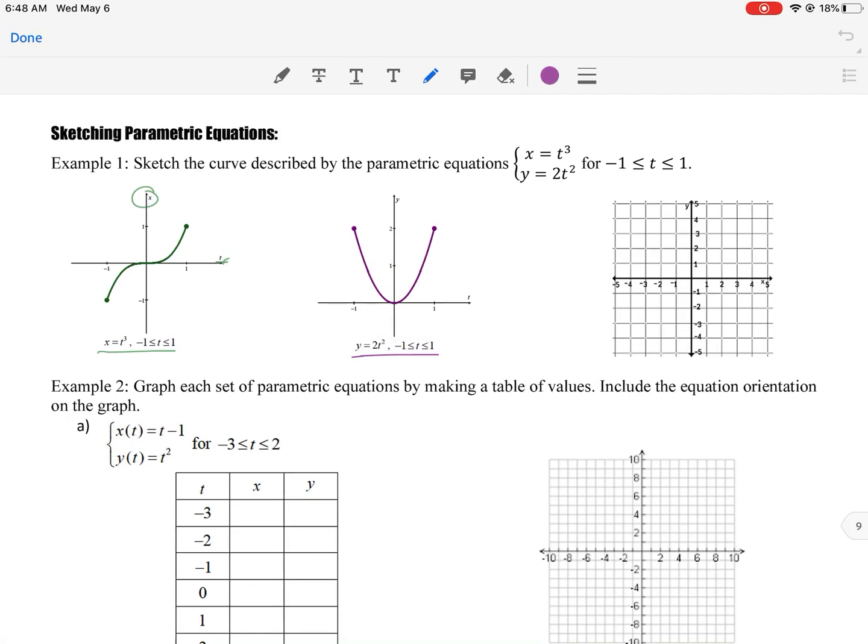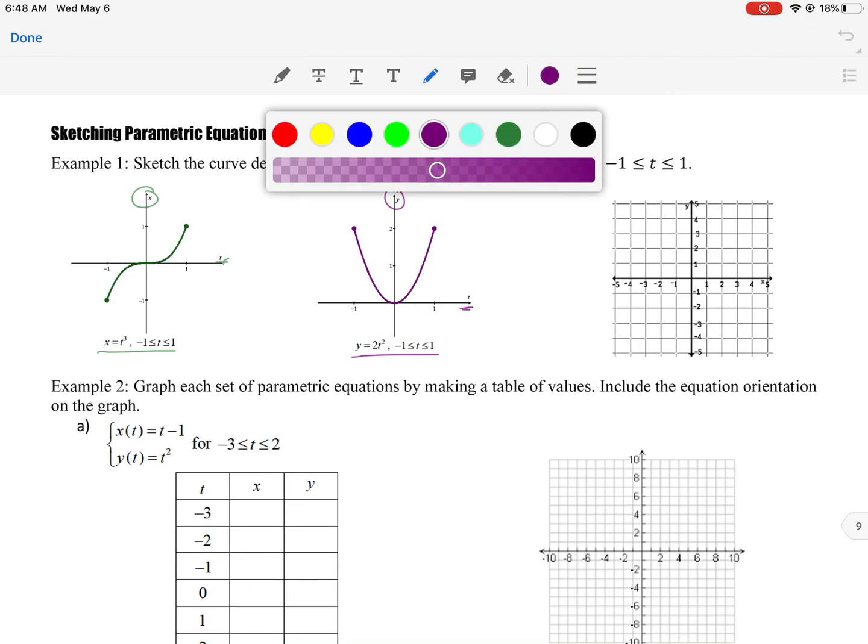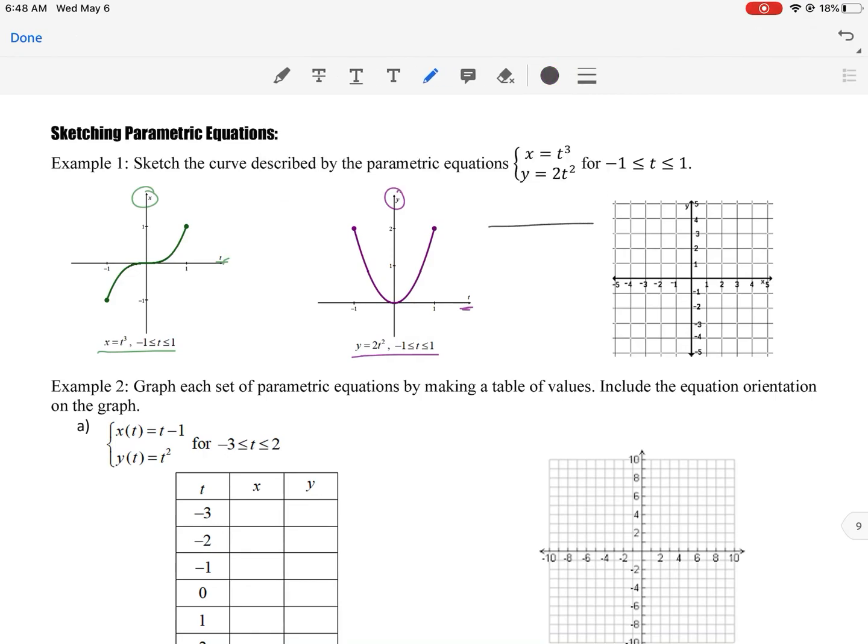This y one is more what you'd expect, the y-axis where you'd expect, and now t is almost like the x-axis. Since we're going from -1 ≤ t ≤ 1, we know that our t values are varying from -1 to 1. So I'm just going to say -1, 0, 1.